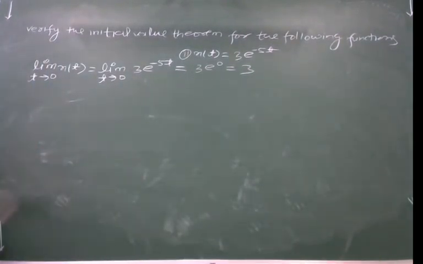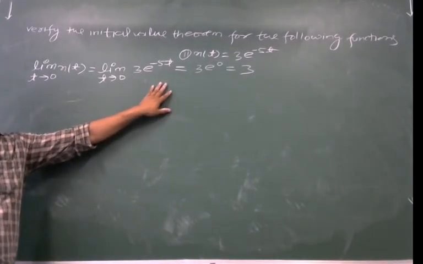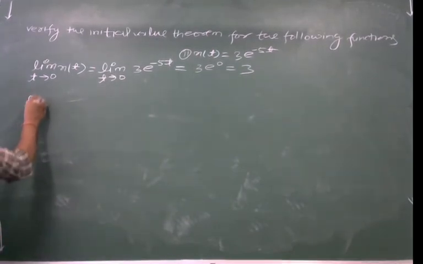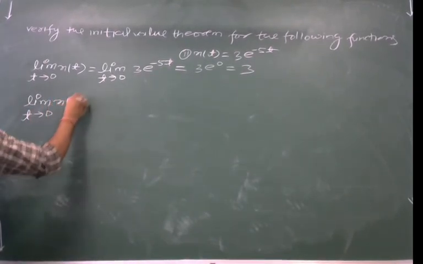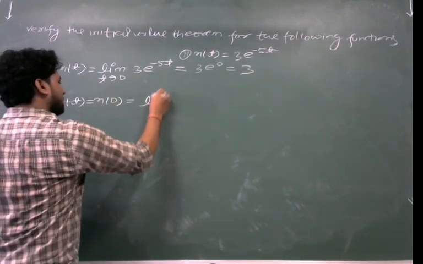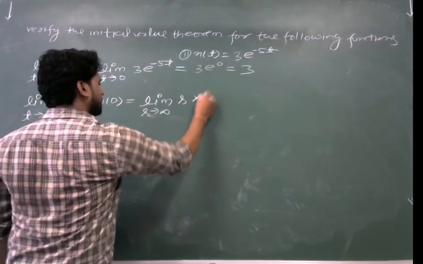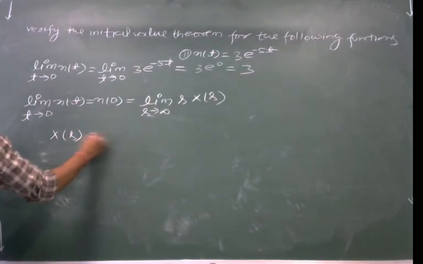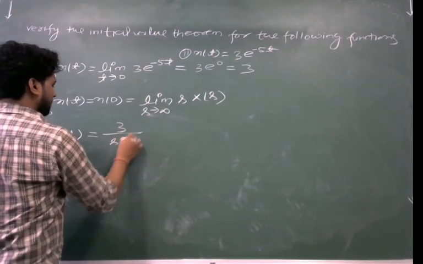Now we have to find the initial value of this function by using the initial value theorem. To get the initial value of this function, we will apply the initial value theorem as limit t tends to 0 x of t, which is equal to x of 0, will be equal to limit s tends to infinite s into x of s, and x of s here will be equal to 3 by s plus 5.